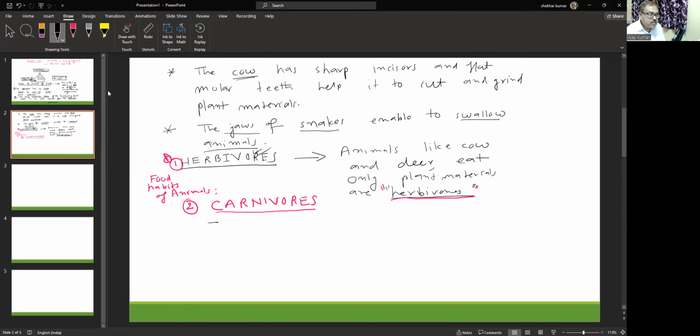Carnivores are the animals like lion, very good, and tiger, that eat only other animals.